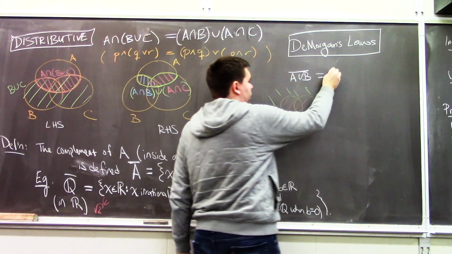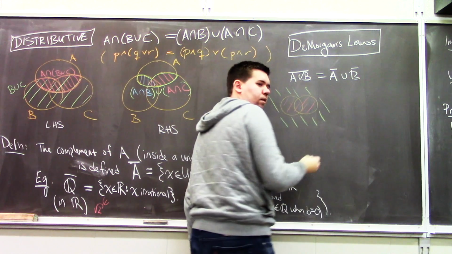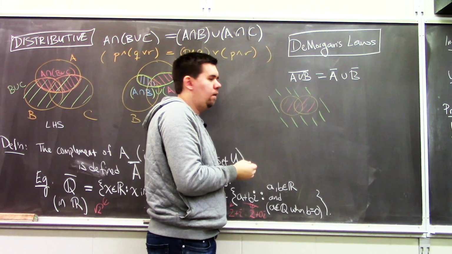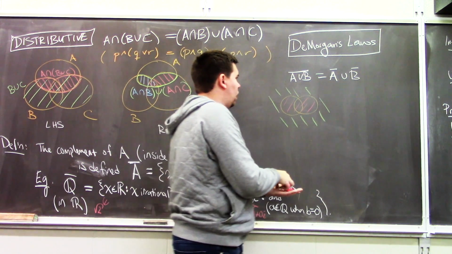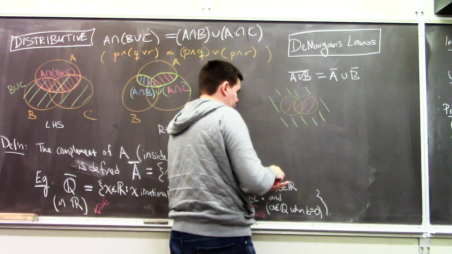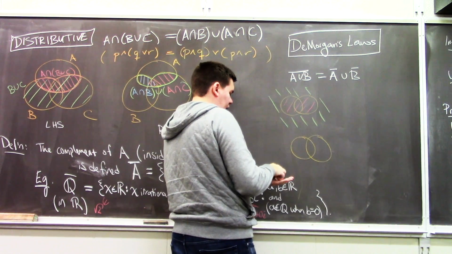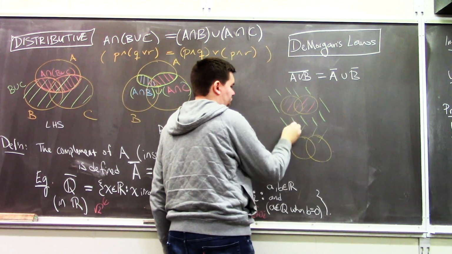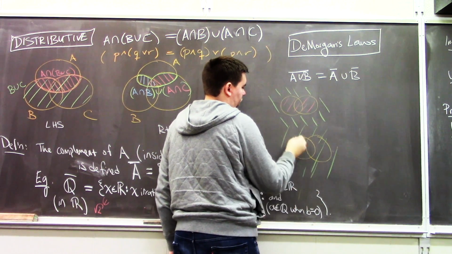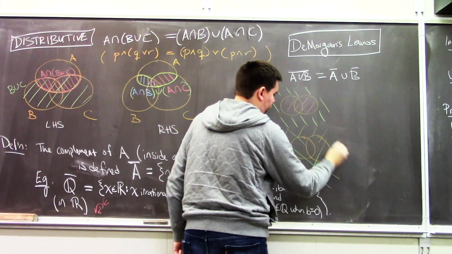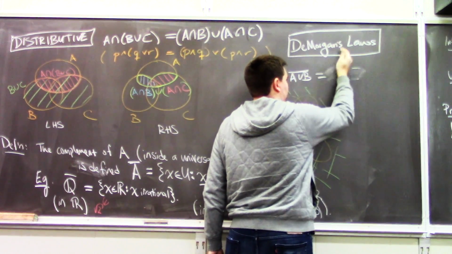Is it the same as the complement of A union the complement of B? What would the complement of A union the complement of B be? The complement of A would be like all of this stuff. The complement of B would be like all of this stuff. Well, that's different. So this isn't it.